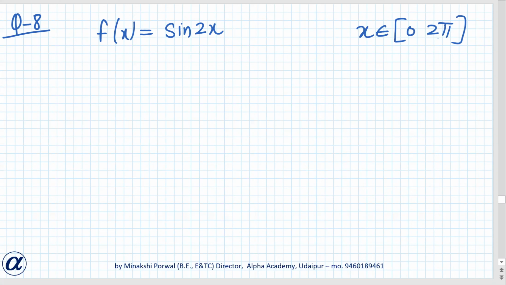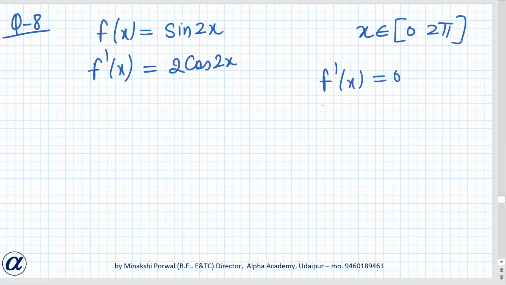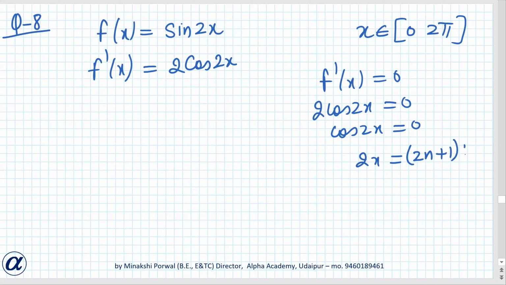The first step is obtaining f dash x, which is d/dx of sine 2x, that is cos 2x into d/dx of 2x, which is 2. We set f dash x equals to 0 to obtain the critical points. So 2 cos 2x equals to 0, cos 2x equals to 0.